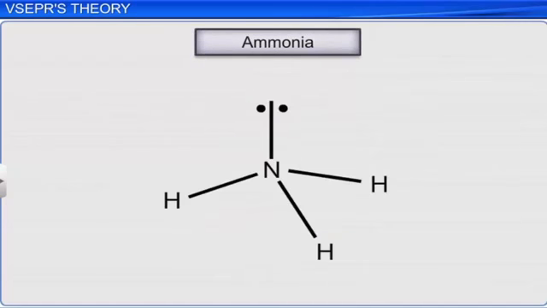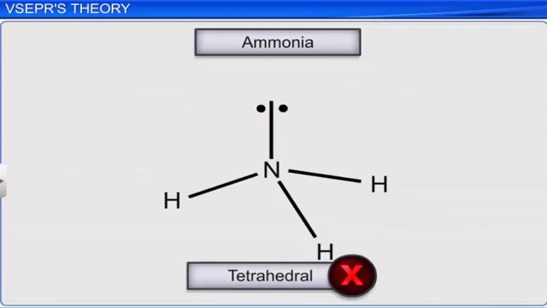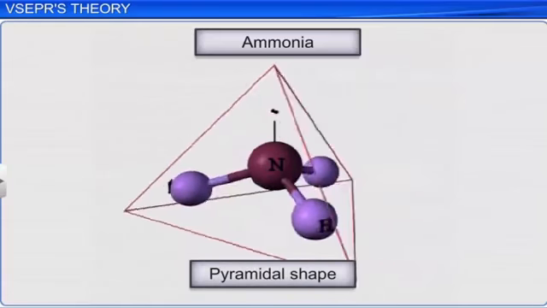The ideal geometry of a molecule with 4 pairs of electrons would be tetrahedral. However, the lone pair of electrons repels the NH bonded electron pairs, thus reducing their bond angle to 107 degrees and giving the molecule a pyramidal shape.